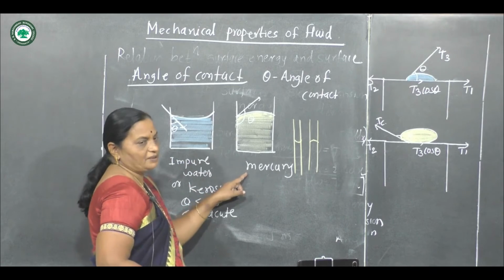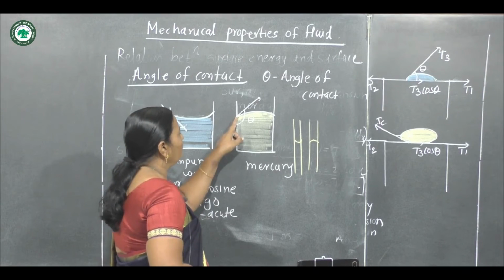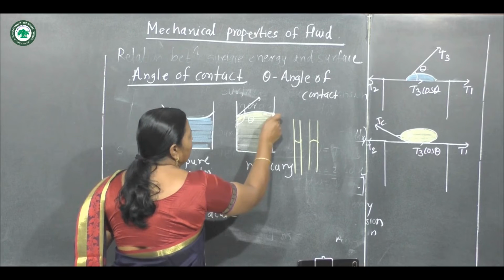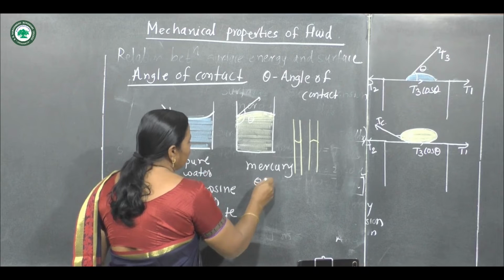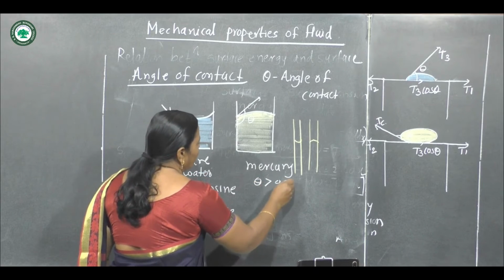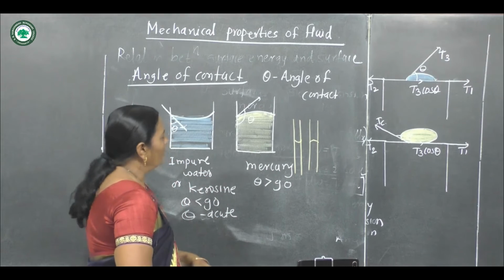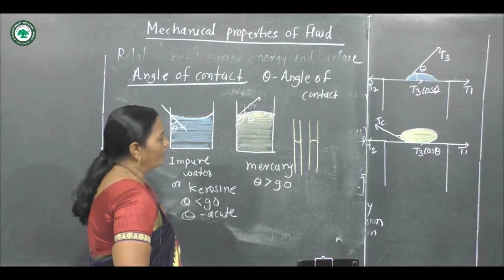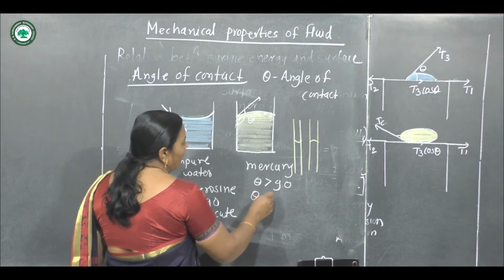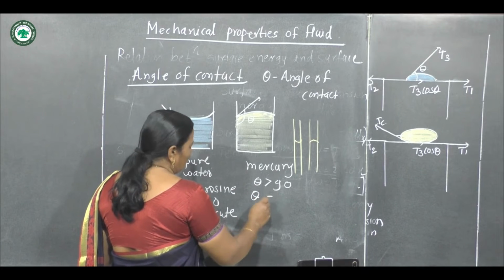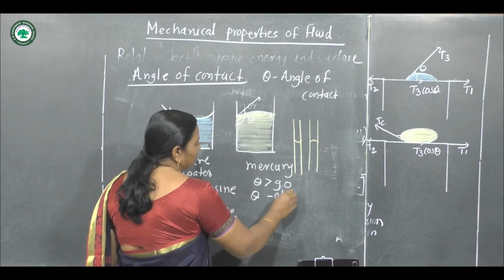In case of mercury, see, suppose 90 is here, the angle is greater than 90, therefore theta is greater than 90. In case of mercury, the angle of contact is greater than 90, and we say that the angle of contact is obtuse.